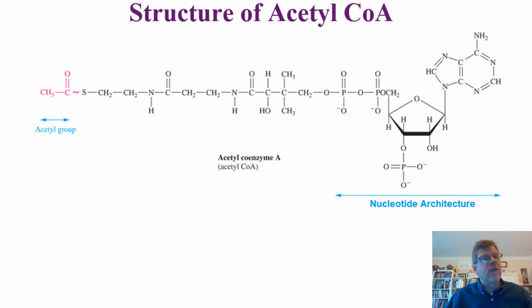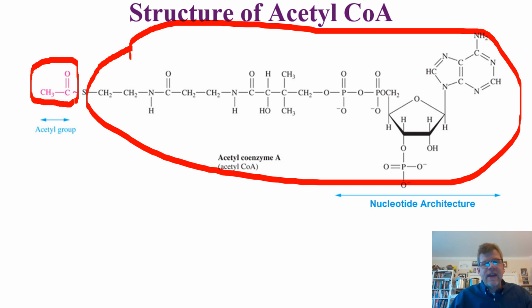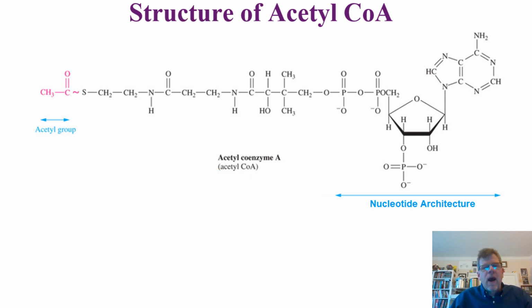So we have this great size disparity in nature, and acetyl-CoA is no different. Let's take a look. This is what we're getting shuttled around, this 2-carbon acetyl group. The shuttle itself is this structure right here. It's gigantic. And again, we see this in nature over and over again in the structure of acetyl-CoA.